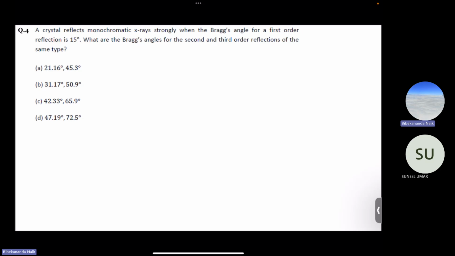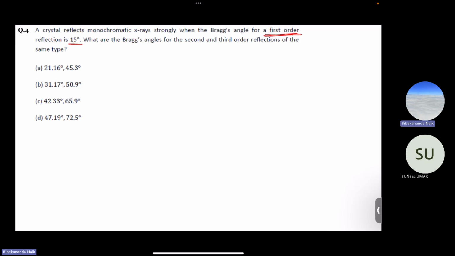The options are: option A 21.16 degrees, 45.3 degrees; option B 31.17 degrees, 50.9 degrees; option C 42.33 degrees, 65.9 degrees; and option D 47.19 degrees, 72.5 degrees. We are given that the first order reflection occurs at 15 degrees.